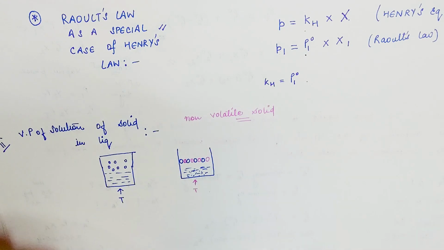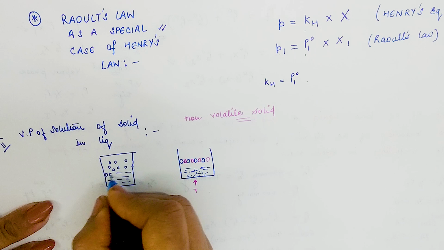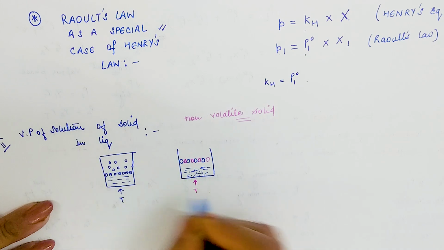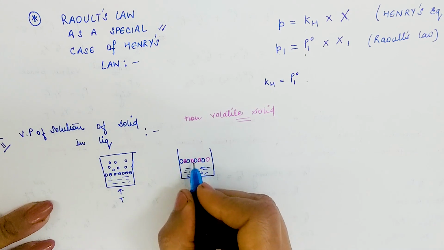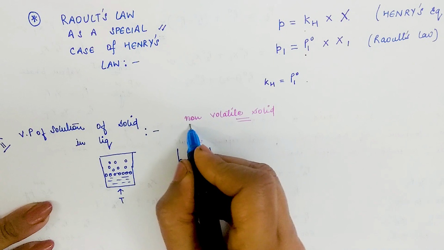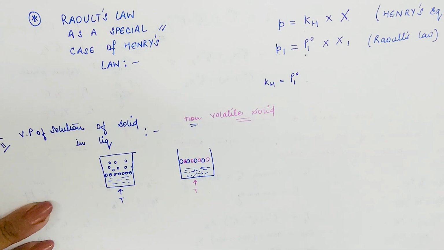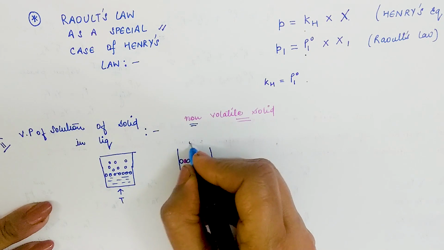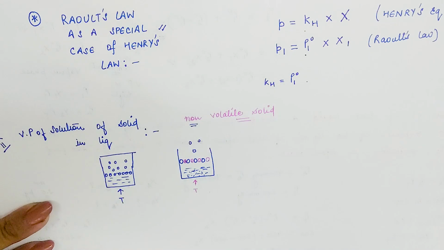Now at this point, all the vapors are of the liquid only. This pink color is of the solid. This solid will not evaporate in the form of vapor because it is which type of solid? Non-volatile solid. So only the vapors which come out are of the liquid.